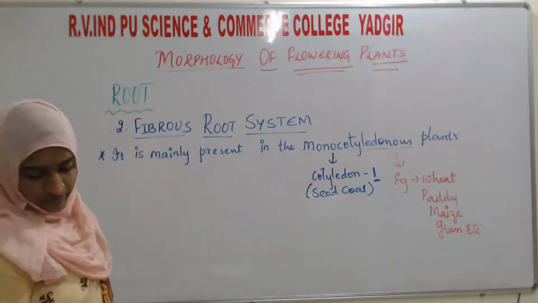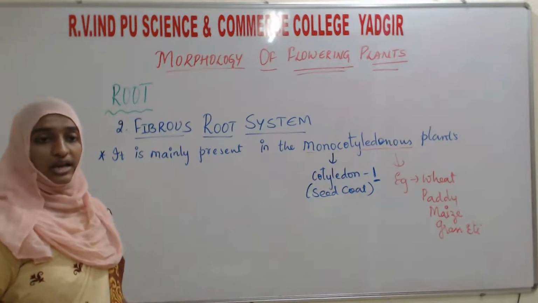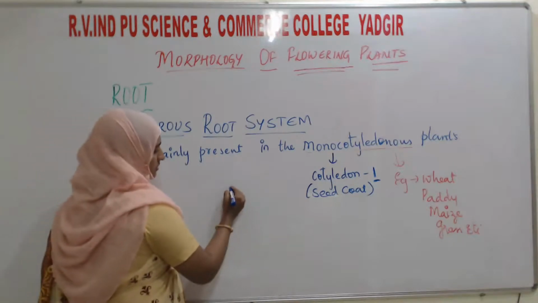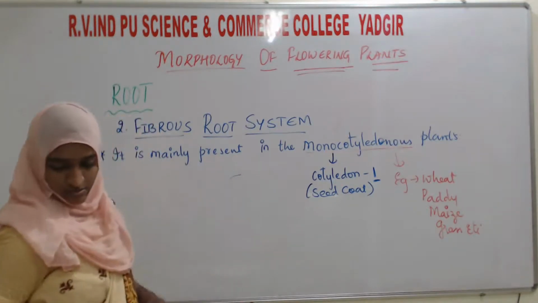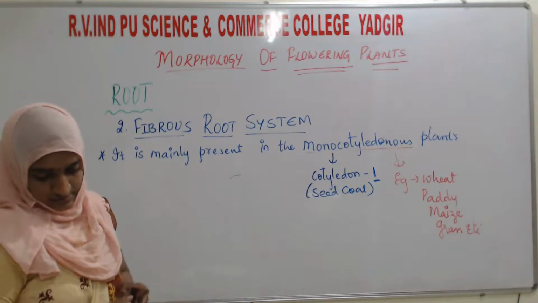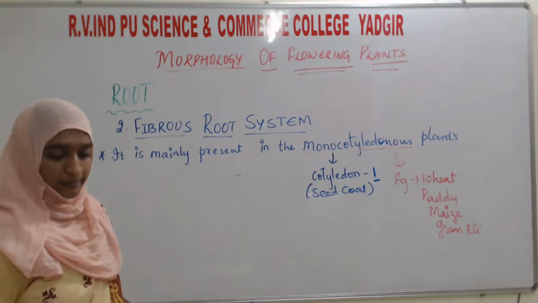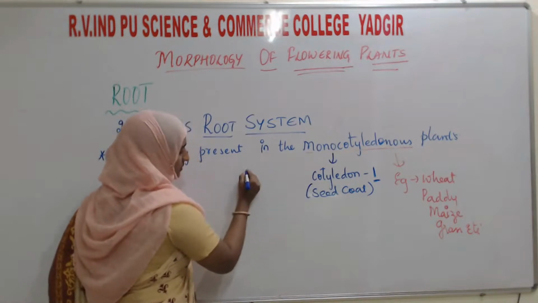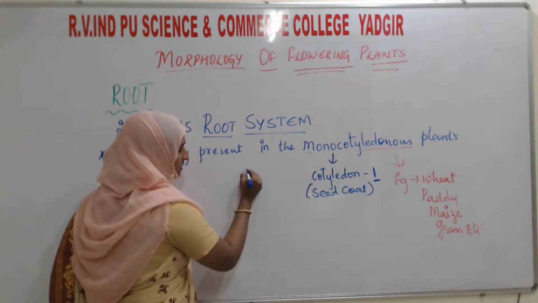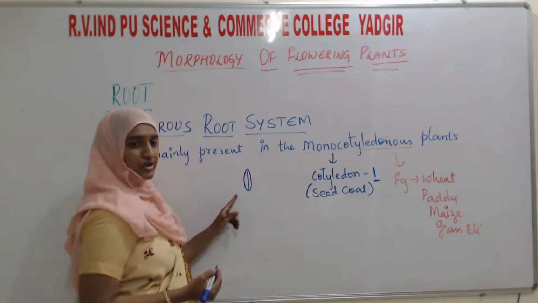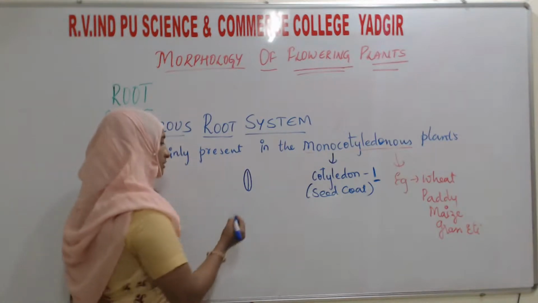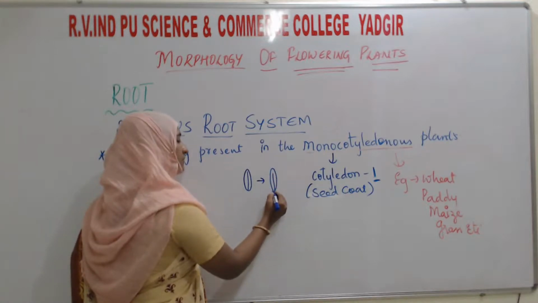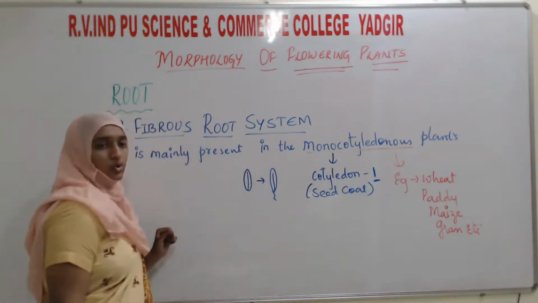Next, whatever the primary root will be there, it is short-lived after germination. See here. You take one example, that we will take as the wheat. This is the wheat. After germination, this wheat will give rise to a primary root.